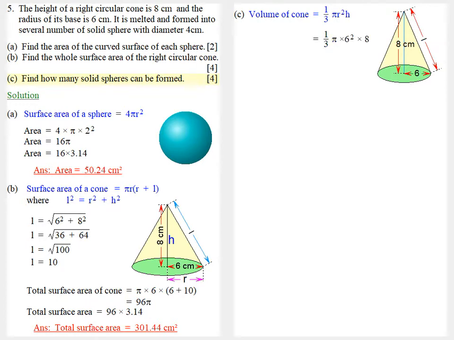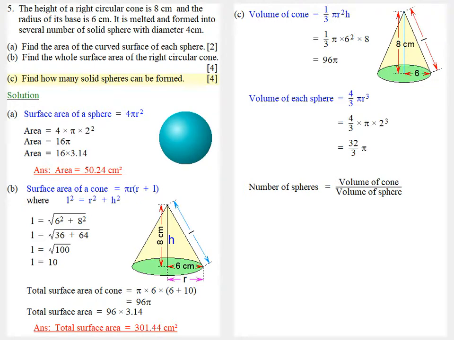In this case, r is 6 and h is 8, so the volume of the cone is 1/3 times pi times 6 squared times 8, which is 96 pi. The volume of each sphere is given by the formula 4/3 pi r cubed, where r is 2. So it's 4/3 times pi times 2 cubed, which is 32/3 pi.